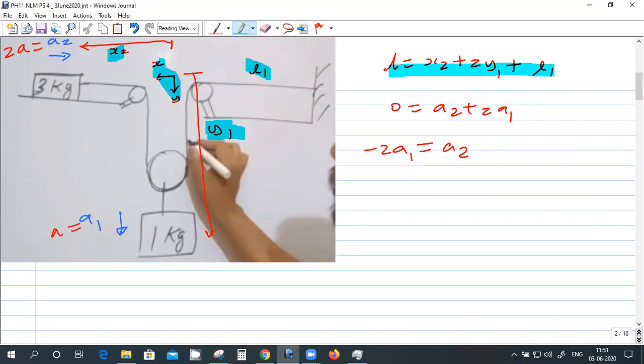If I differentiate twice, I get a2 equal to minus 2a1. So in the free body diagram of this 1 kg, suppose the tension in the string is T. What is the force here that is pulling up?